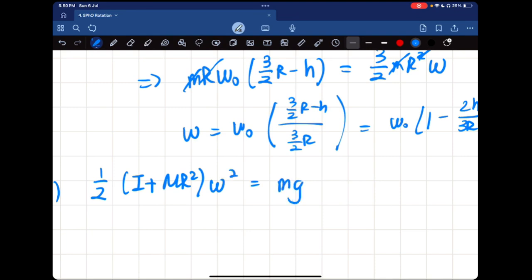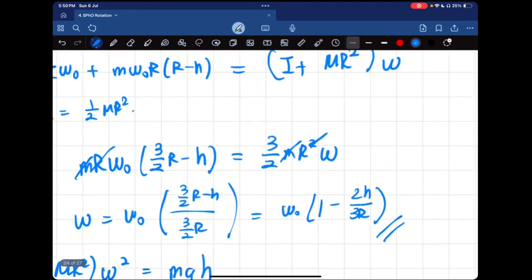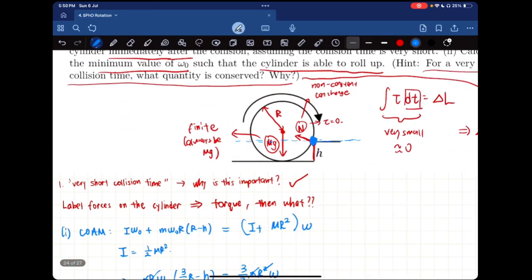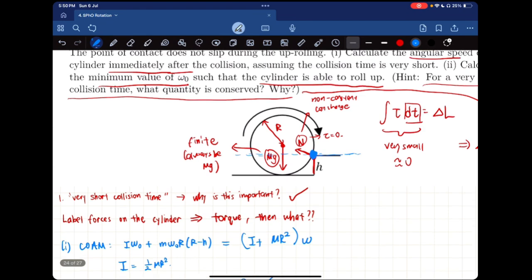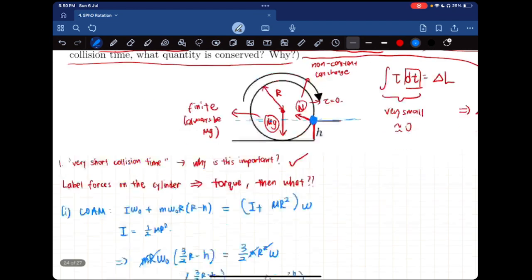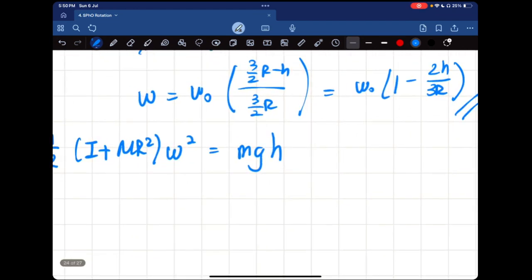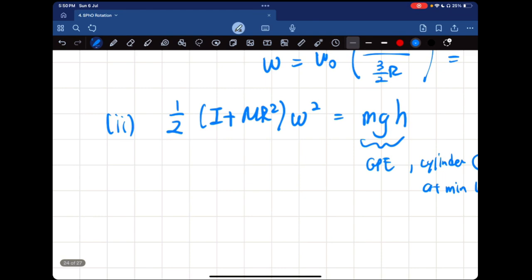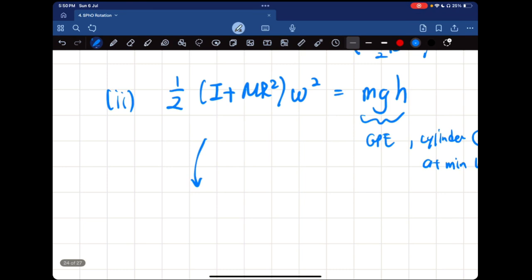So by energy, at the minimum omega naught, your whole cylinder will just be at rest at the moment your cylinder successfully rolls up. So at the end, you only have GPE. So this is your COE equation. Now you can just plug this in.